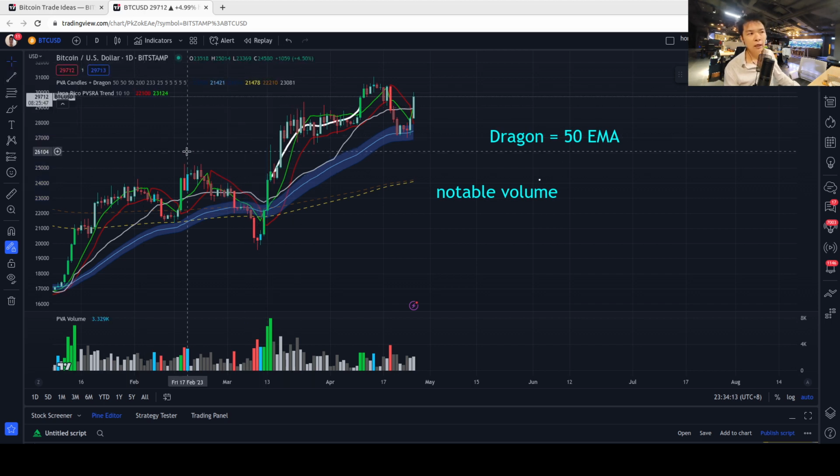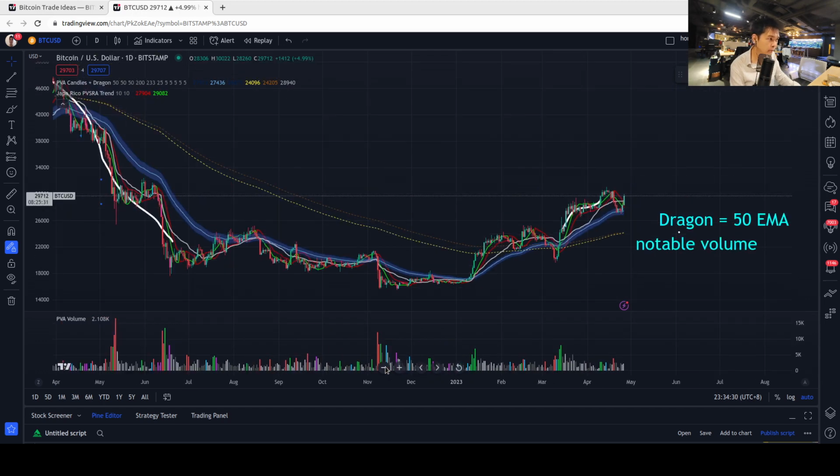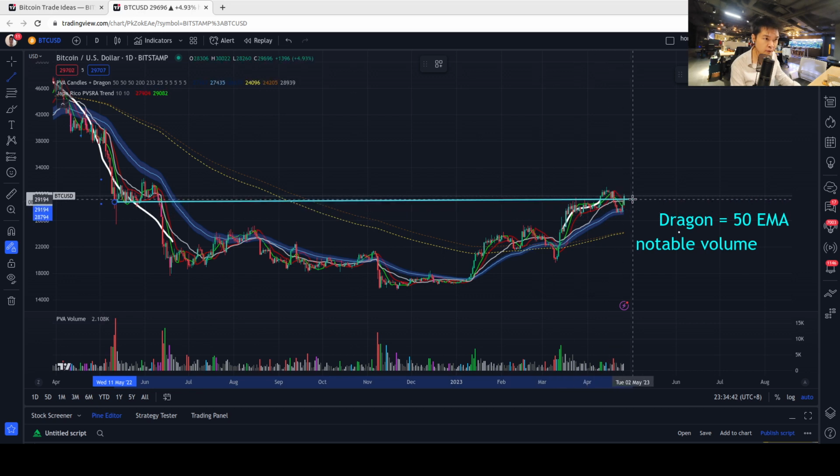Another way to close this position is when you find the next level of resistance on the chart. In this case, if you look at this chart, I found some kind of level here, a level of support that in this case became resistance.